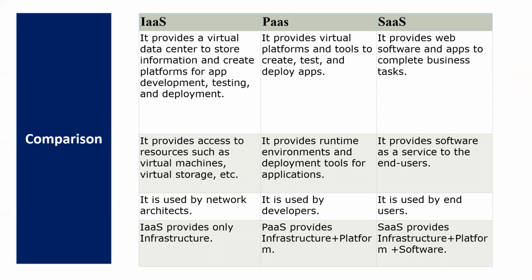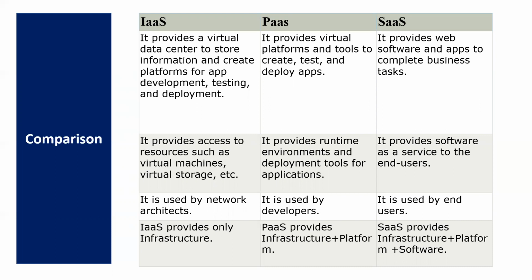Here, you can find a consolidated comparison of IaaS, PaaS, and SaaS. Basically, in the first point, you can observe how you can differentiate these things. IaaS provides a virtual data center to store information, and creates a platform for app development, testing, and deployment.